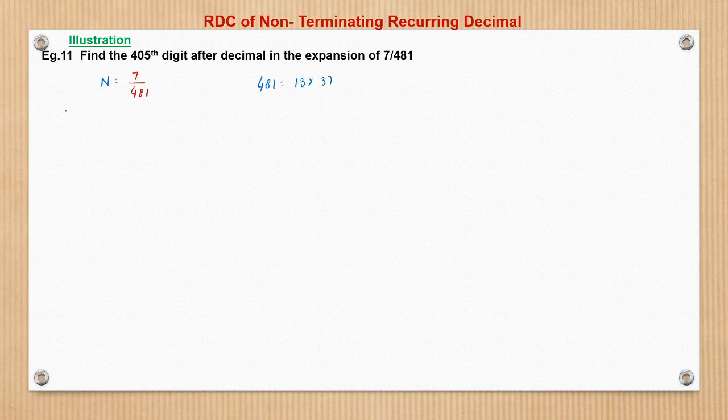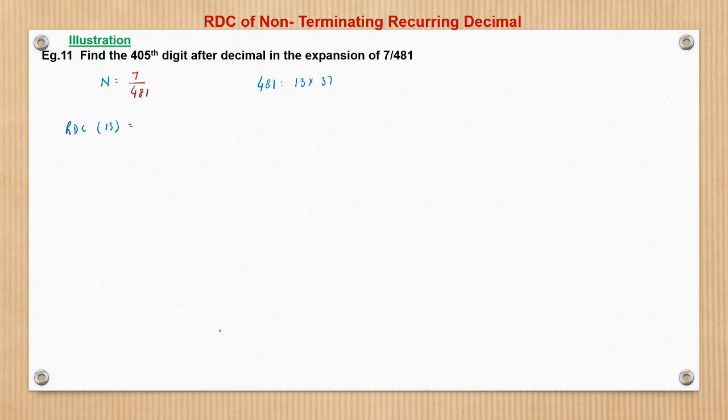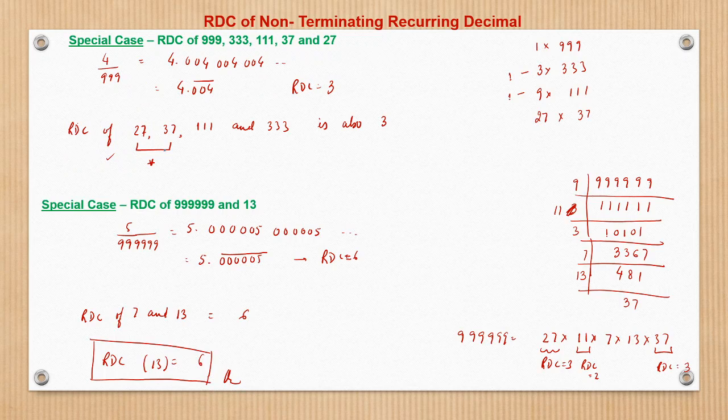So now RDC of 13, we know. What is the RDC of 13? We have just seen here, right? RDC of 13 is 6. Though Euler will give the RDC as 12, we know even a better RDC, which is 6. And RDC of 37 is what? 37 we have seen here. The RDC of 37 is 3, being a factor of 999.